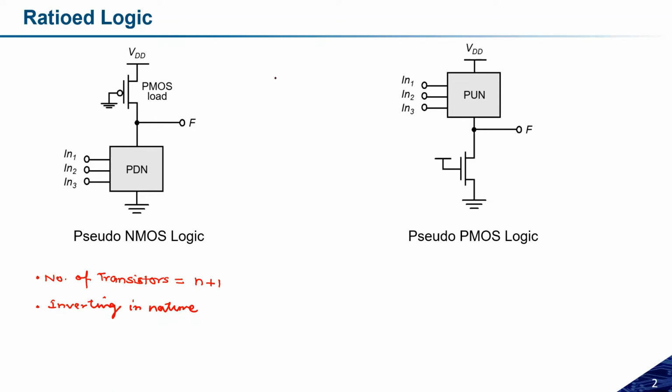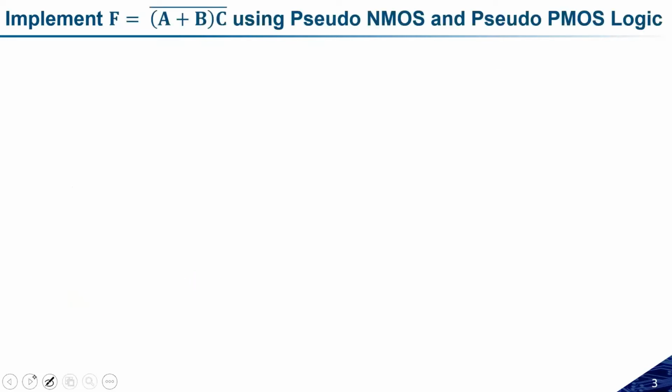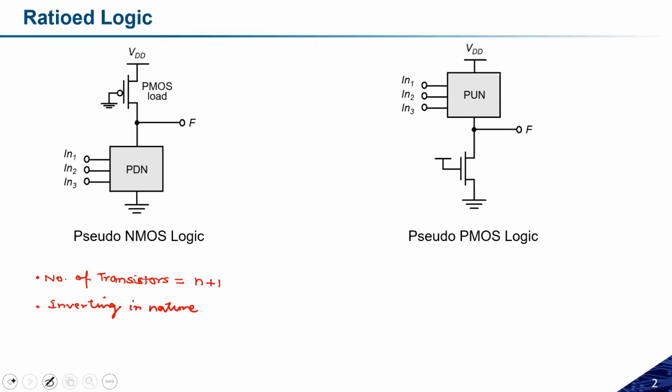Now let us try to implement some function. Suppose I have the function f equal to (a plus b) into c complement. We have two possible alternatives for ratioed logic: either the pseudo NMOS logic or the pseudo PMOS logic.